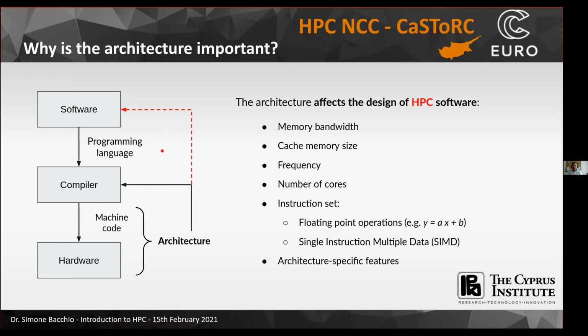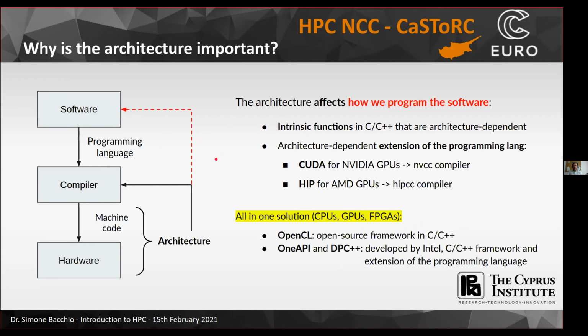So sometimes when you have something like a GPU, it's not enough to have what the compiler does, but you need to develop your software in a completely different way, because you want to run code on a GPU. Each GPU has a specific programming language.